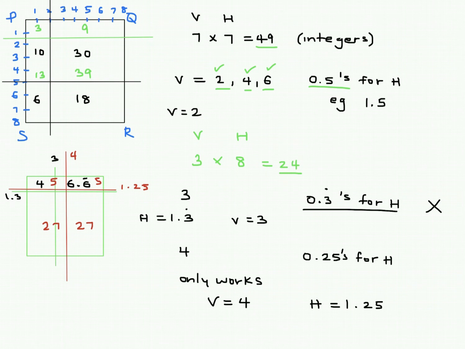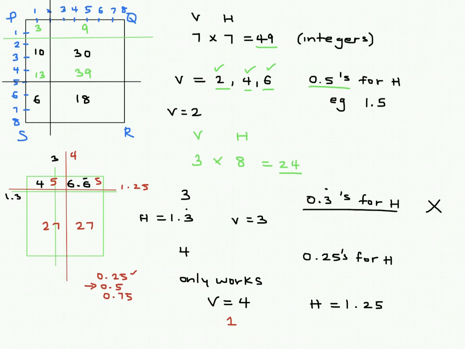So how many for v and h? Well, for v, there's only one number, that being the 4. For h, though, so I got to think about this. How many 0.25s? Well, from 0 to 1, there's 0.25, there's 0.5, and 0.75, right? But I don't want to include this guy because this guy has already been included up here.